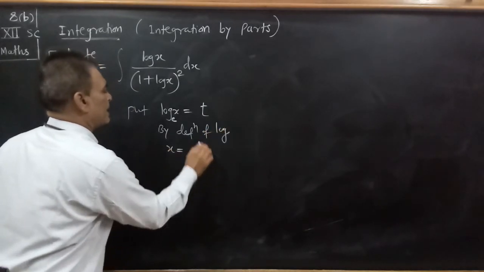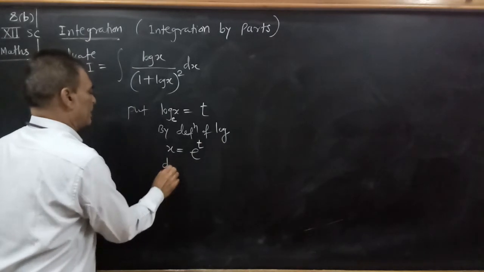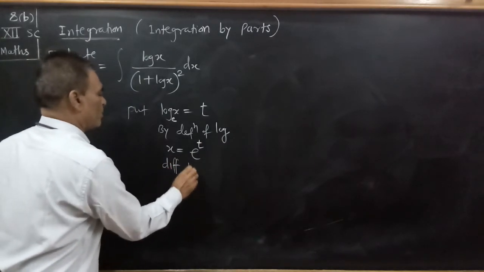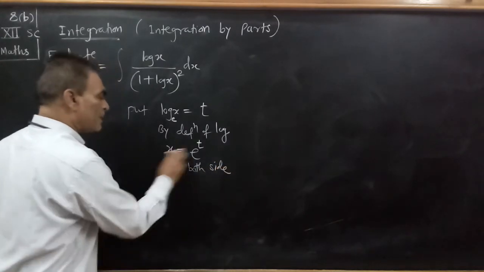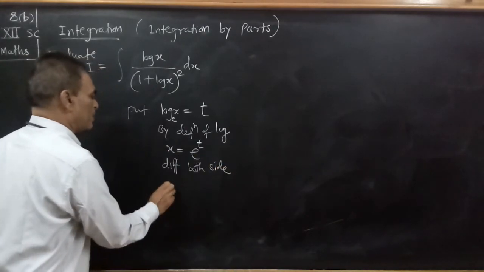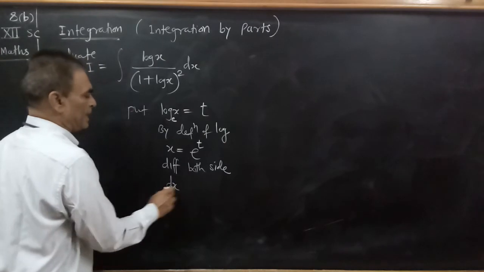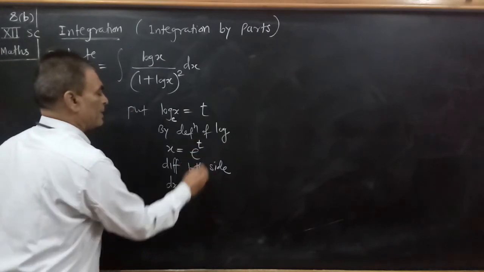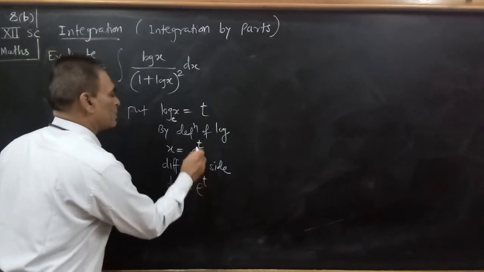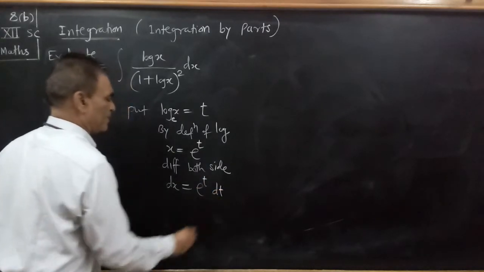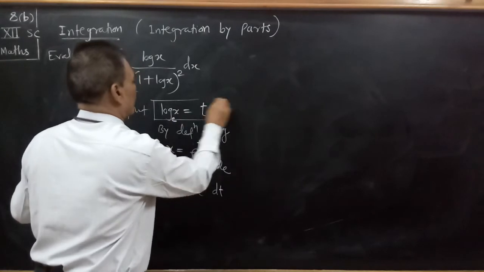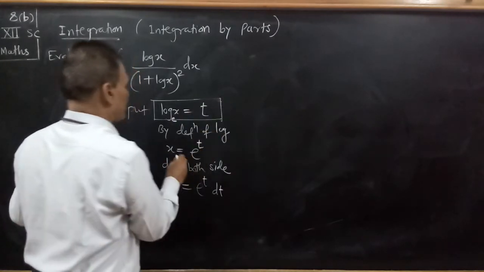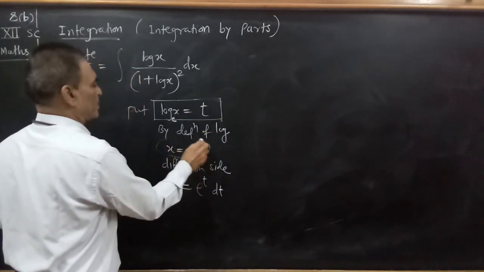But differentiate both sides. Derivative of x is 1, but with respect to x, that's why dx. Derivative of e raised to t is e raised to t, but with respect to t, means dt. Okay, this is our substitution. This is the simplified value as per the substitution, and this is the derivative.